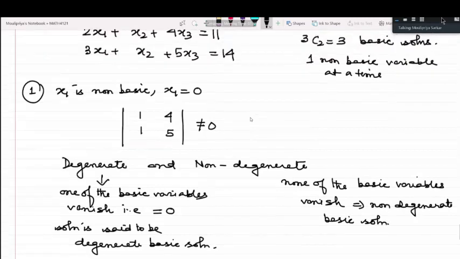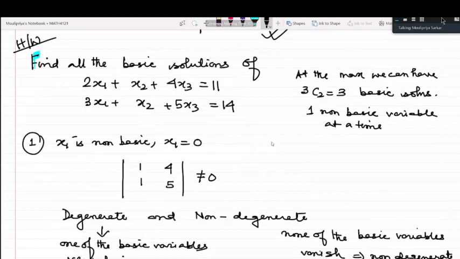I mean, just giving you an example, just an arbitrary case. Over here, once I put x3 equal to 0, suppose the solution that I get is 0, half, 0. Just an arbitrary case, not the actual calculation. So what was x1? x1 was supposed to be a basic variable.